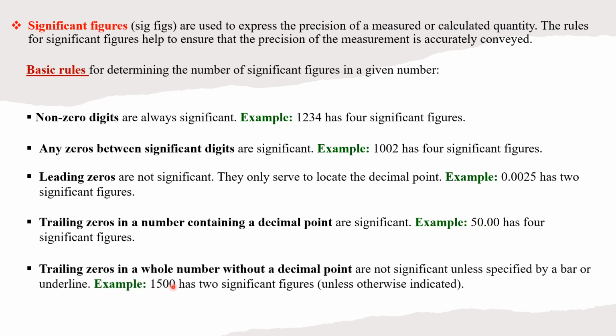However, for trailing zeros without a decimal point, you can see 1500, no decimal point here. So without a decimal, the last two zeros are not significant. So in this number, only two sig figs. These are the basic rules that govern significant figures in a given or calculated number.